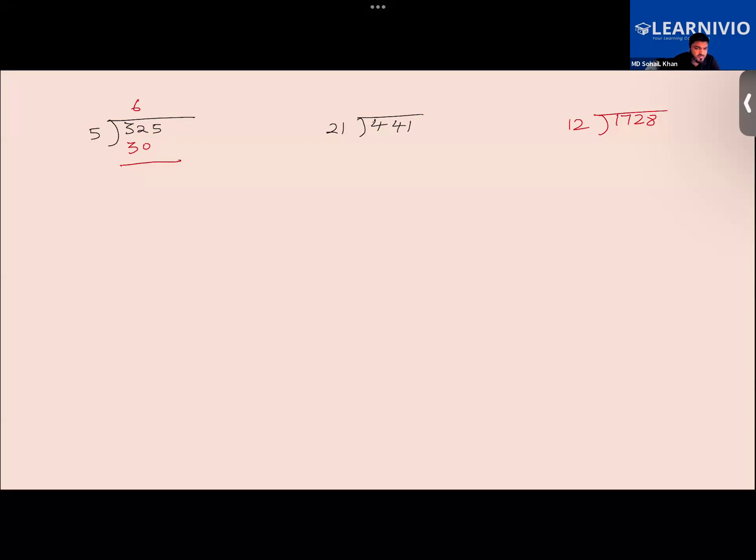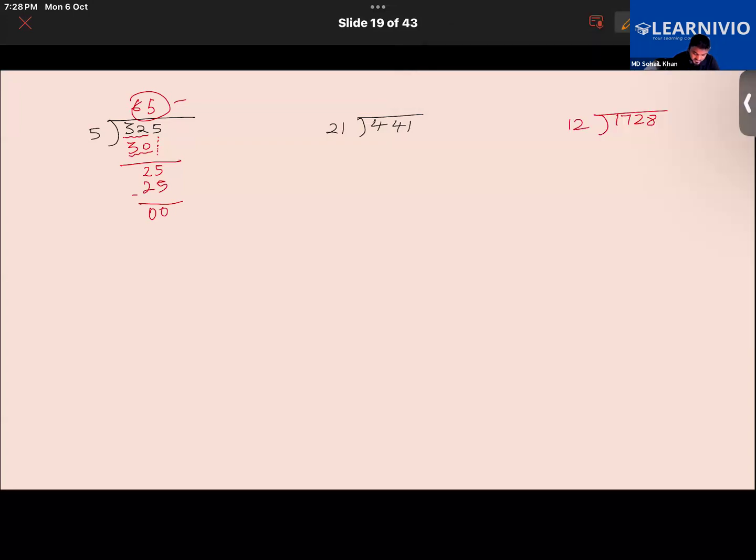What should be written here? 32 minus 30 is 2, no? 2 and 0 more. Take 25, 5 fives are 25. Nothing left here. So 65 is the answer, no? Okay. Do the second one.